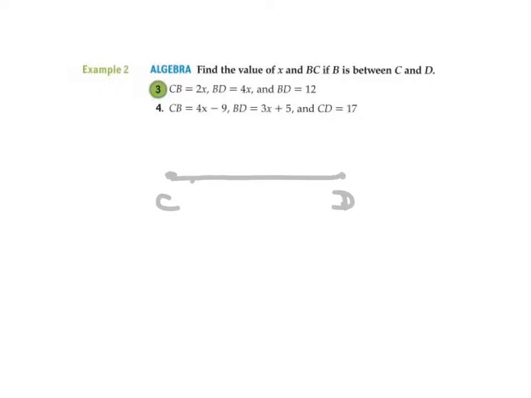But if you look at what we've got in the definition, we've got CB is 2x and BD is 4x, so it's going to be twice the size. Okay, so let's put B there. So CB is 2x, this is 4x. Okay, and what do we know? We know that this guy is 12. We don't know the whole length this time, we only know this part. So let's put the algebra together.